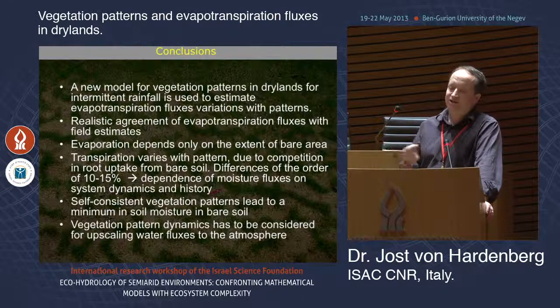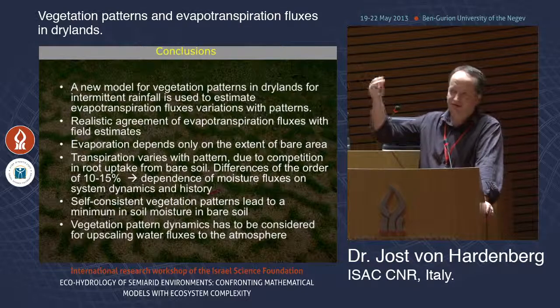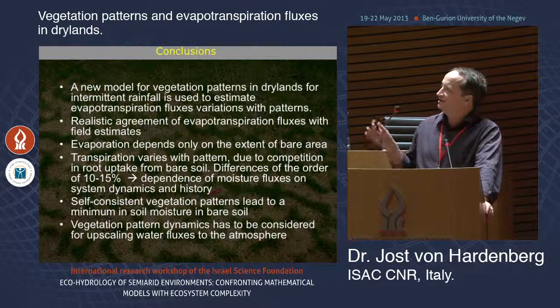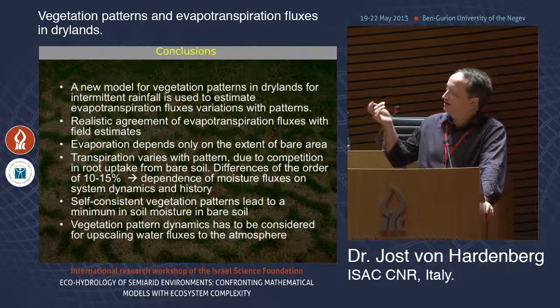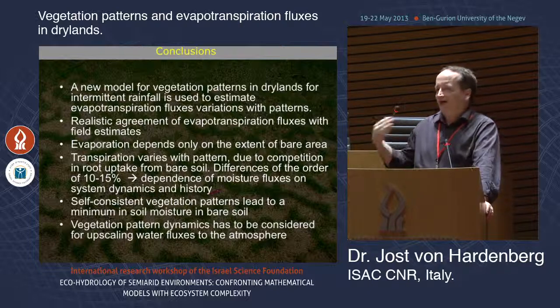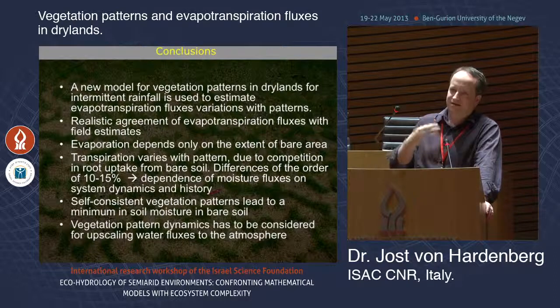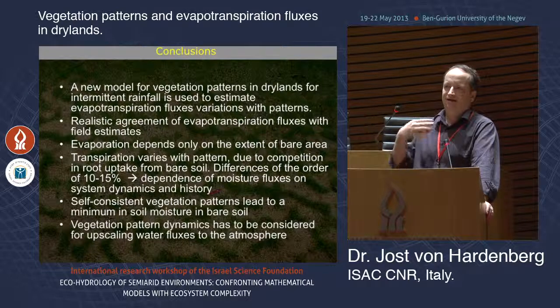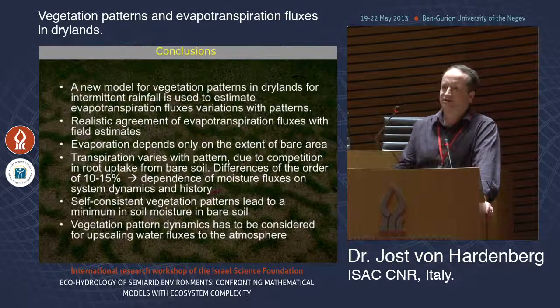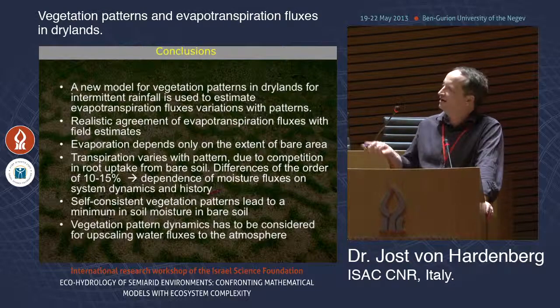And even if it's not much in our case, 10%, you may argue that is not too relevant. But in principle, since this is occurring, we may have to take into account the pattern dynamics when we consider the coupling between the soil, vegetation, and the atmosphere.